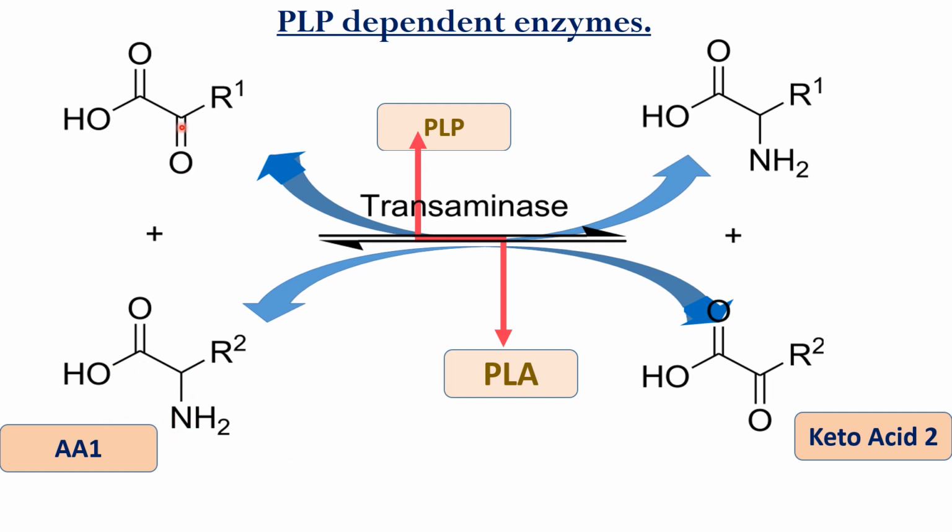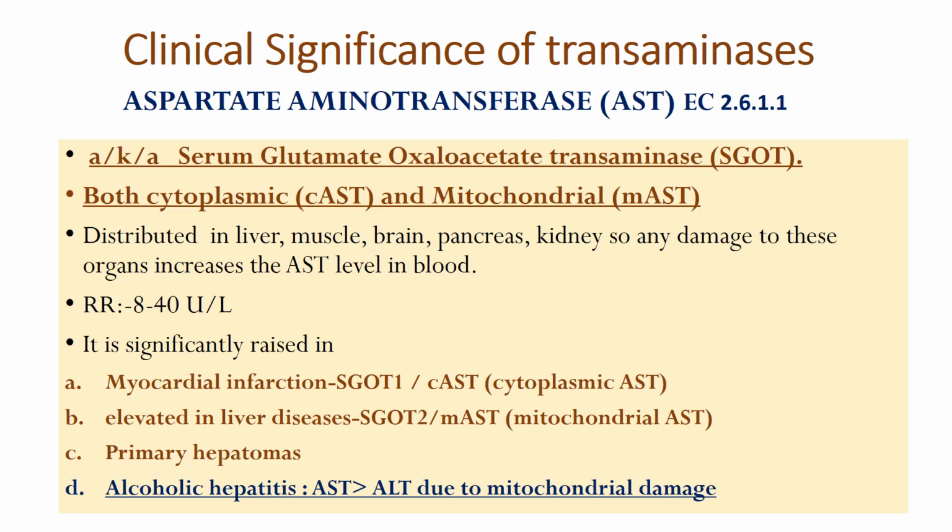When it transfers this group, it will get converted to keto acid 2. And the keto acid 1, on accepting this amine group, will be converted to amino acid 2. So a new, different amino acid is formed here. Generally, non-essential amino acids are formed in transaminase reactions, and these can now participate.